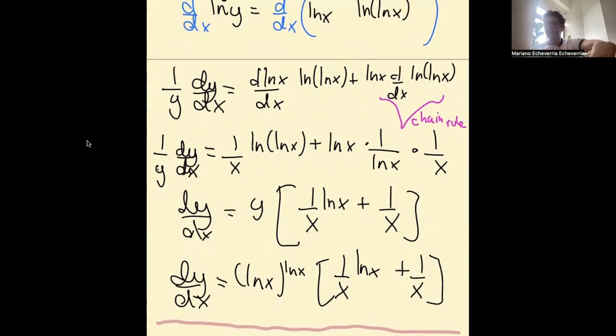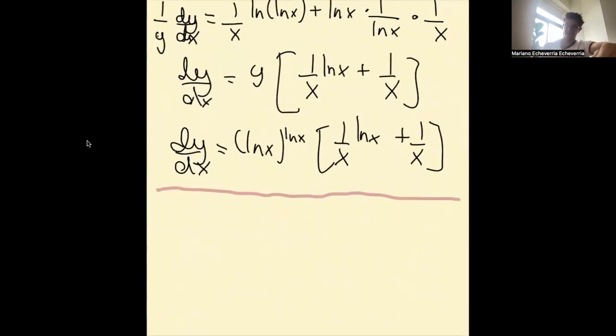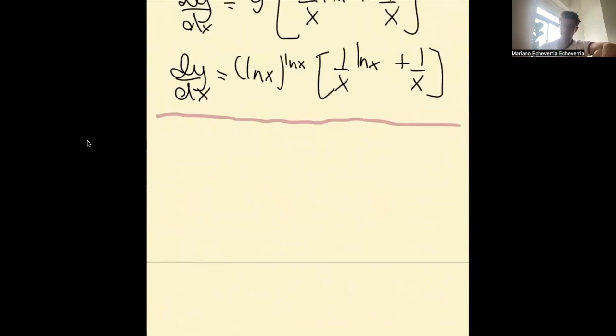Okay, let's do another implicit differentiation problem, because again, this is a useful technique. So here's another one. Use implicit differentiation.